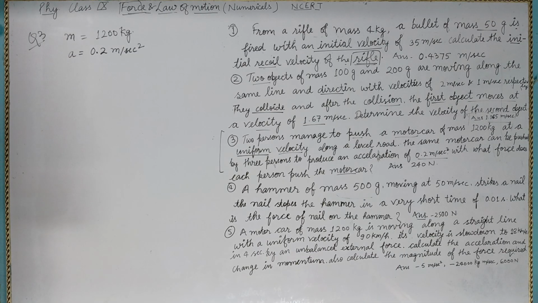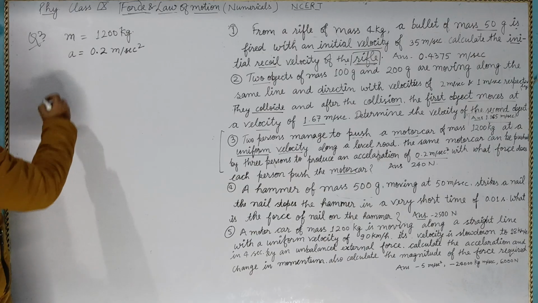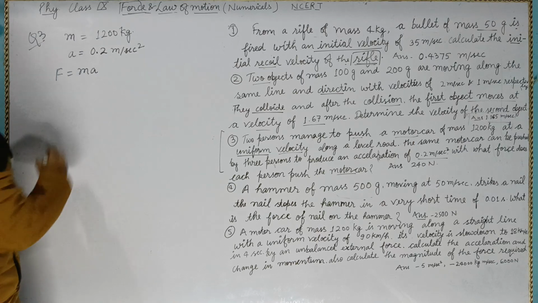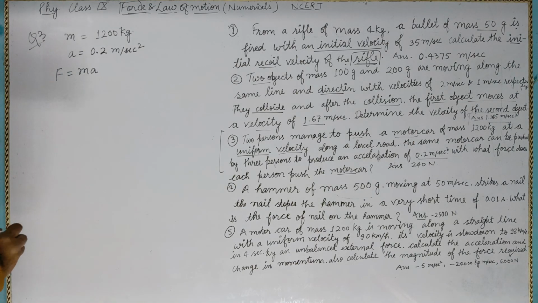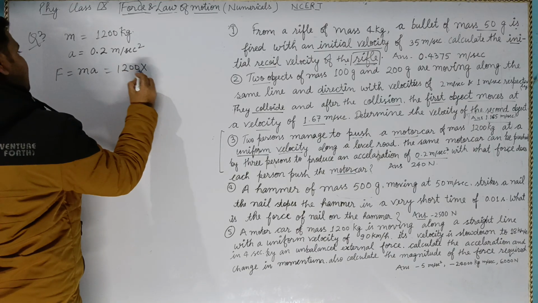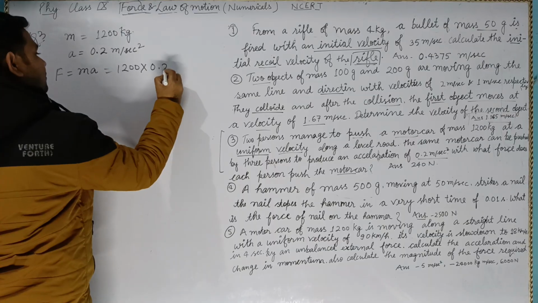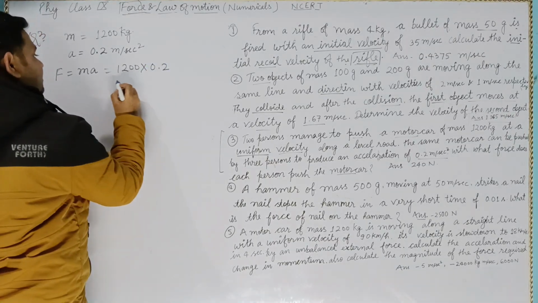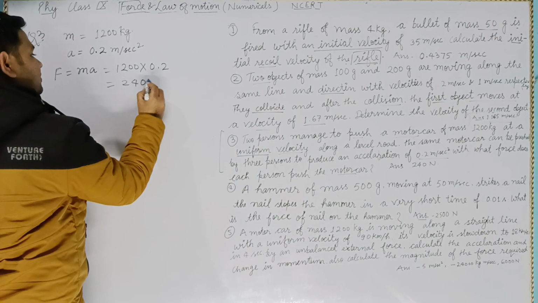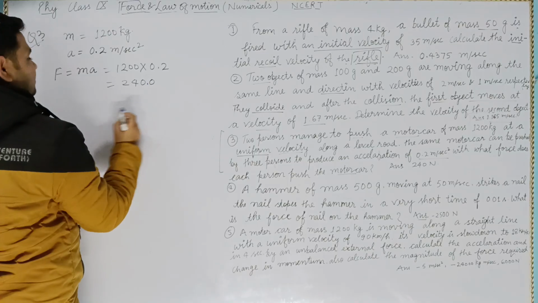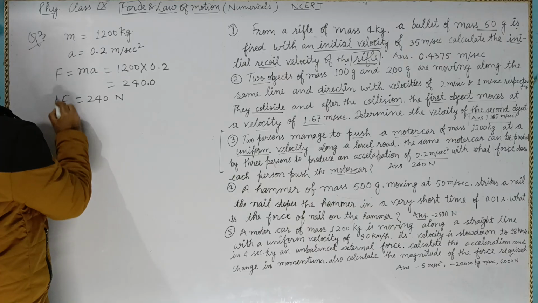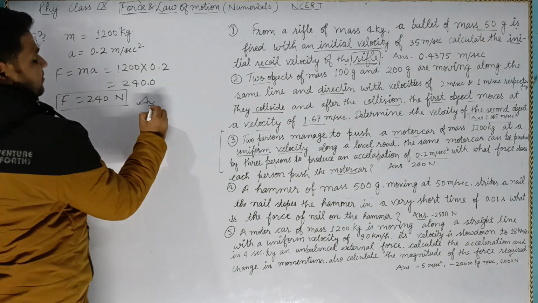We know that F equal to ma. So the mass is 1200 and the acceleration 0.2, which gives 1200 times 0.2, and F equal to 240. It will be our answer.